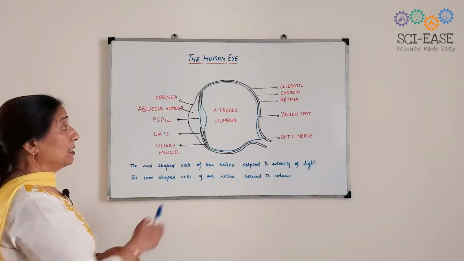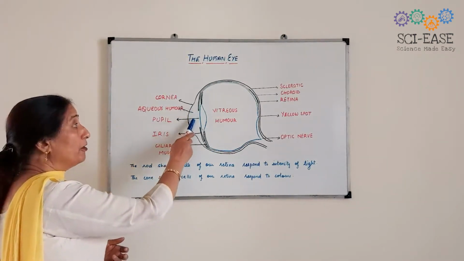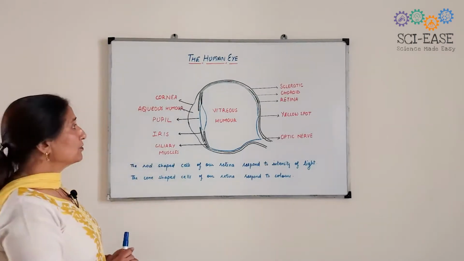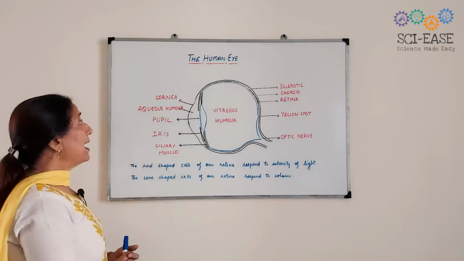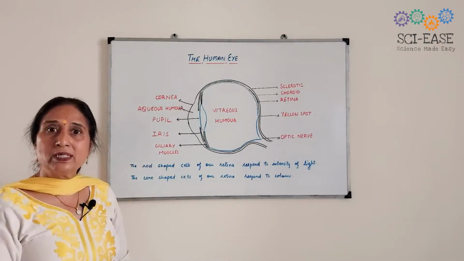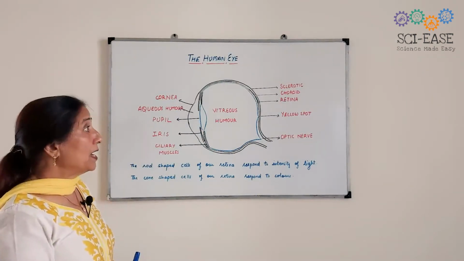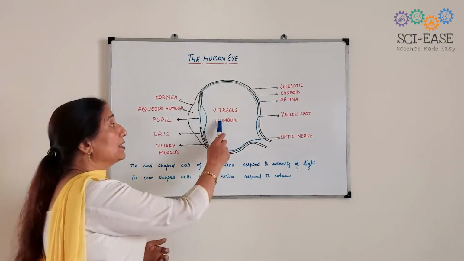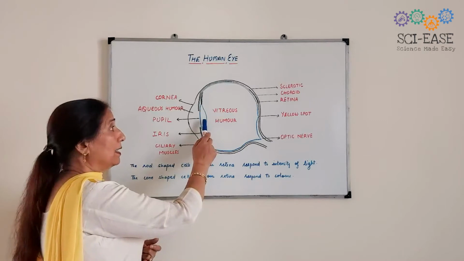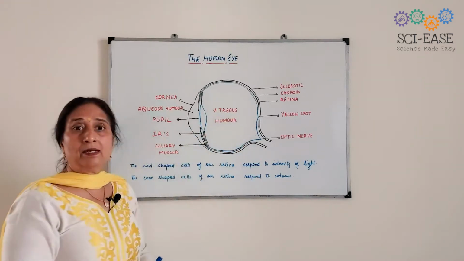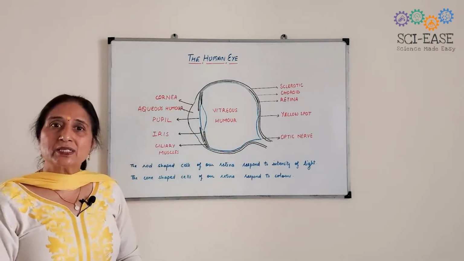There is some dense fluid in between the cornea and the lens, and this is known as aqueous humor. Again, there is liquid in between the lens and the retina, and it is known as vitreous humor.